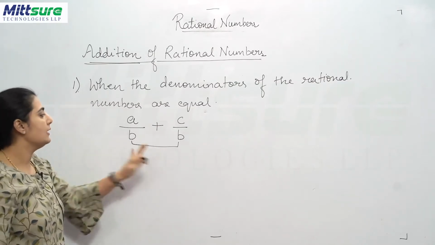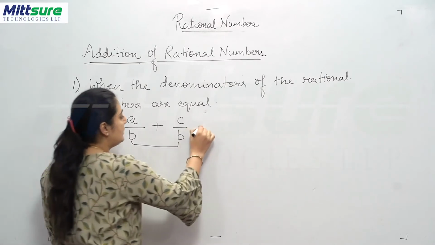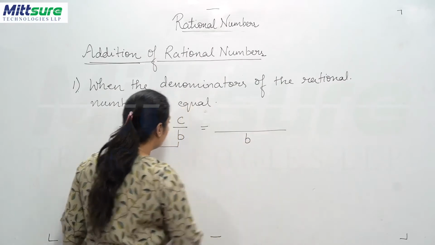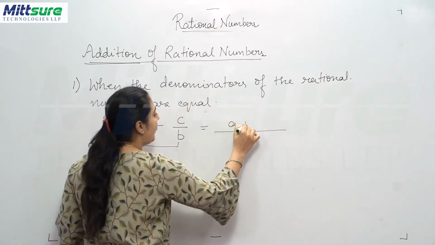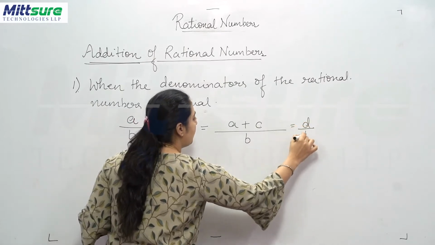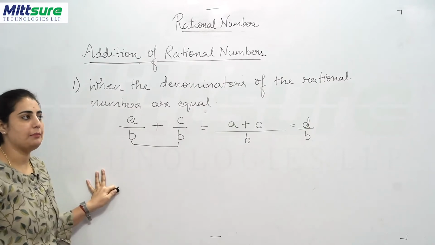So in this case, how am I supposed to do the addition? Simply, I will take the common denominator of the two and add a and c, and my result will be (a plus c) upon b. Now let us understand this with one example.